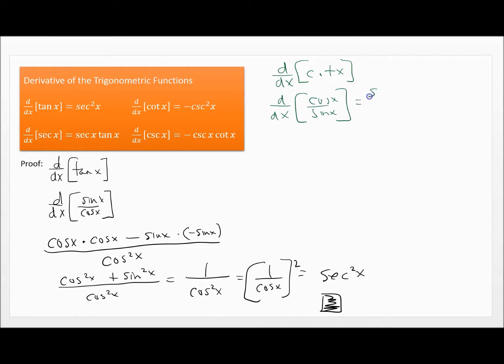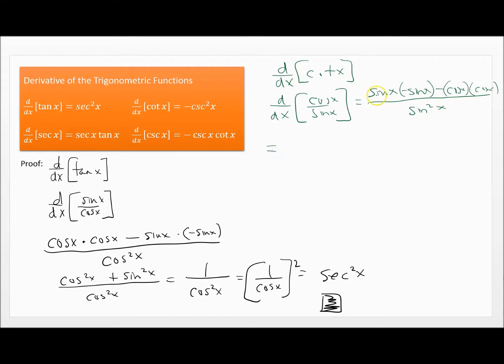So low is sine of x. The derivative of the high one, the derivative of cosine, is negative sine of x, minus high, which is cosine of x, d low, the derivative of sine of x, is cosine of x. Okay, that's all over the denominator, sine squared of x. Don't forget to square the denominator.